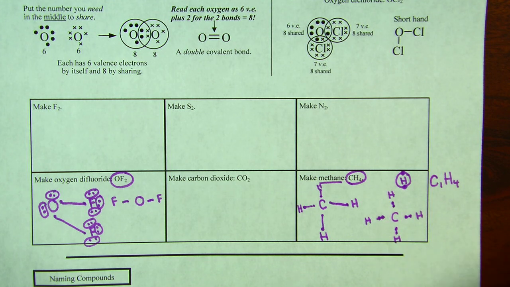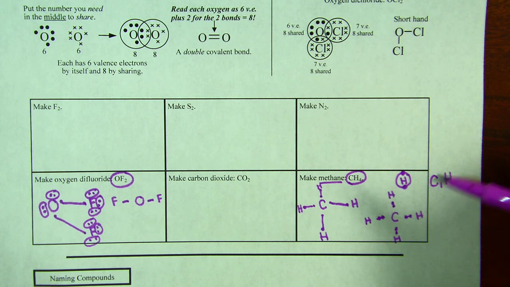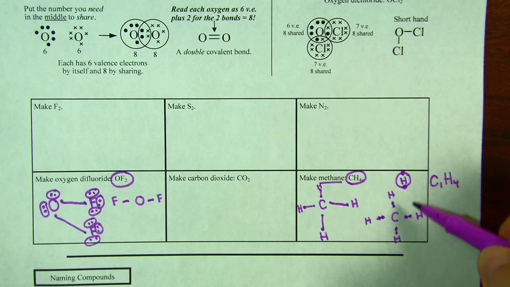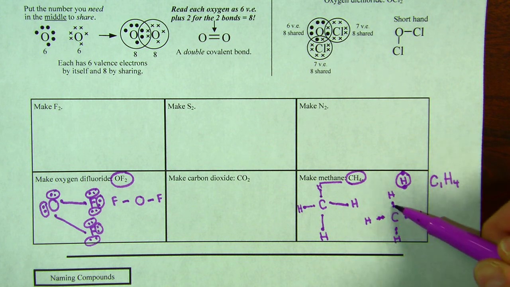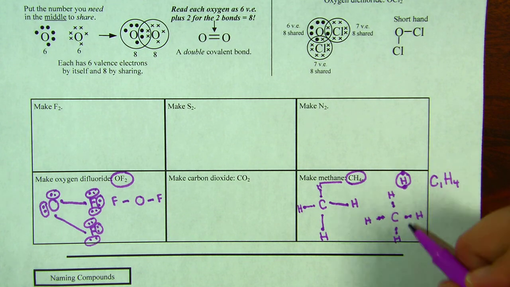So what you're doing here is you're going to keep on pairing electrons together until every electron has a partner, and then you're going to want to make sure that each atom in that chemical formula has a full outer shell of electrons. Like carbon here has 2, 4, 6, 8 valence electrons, so it's happy.